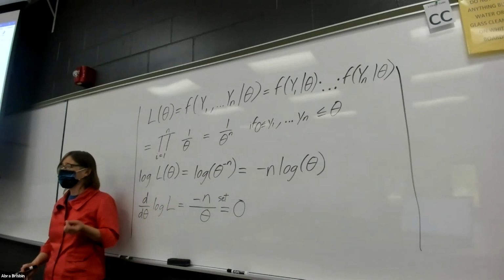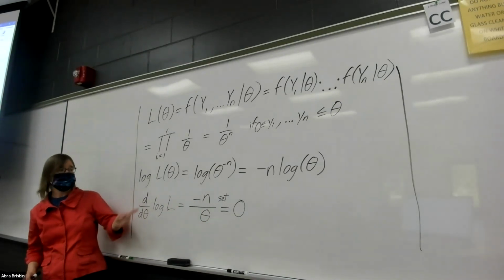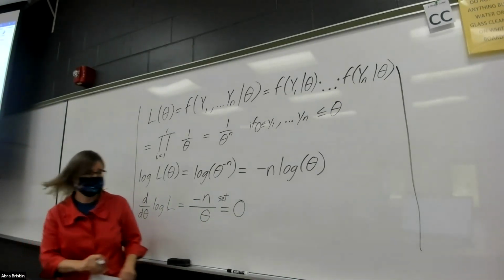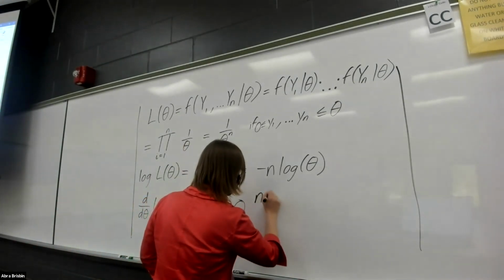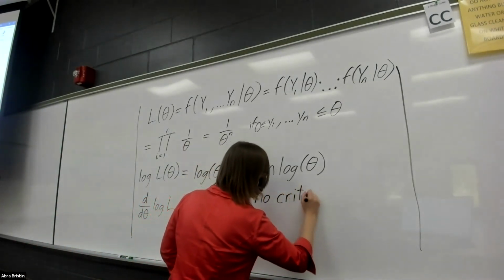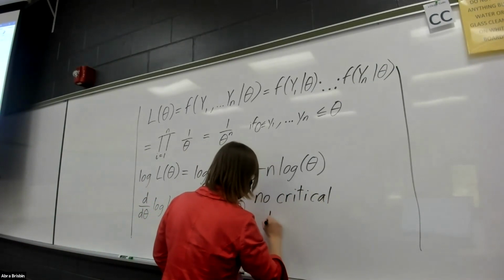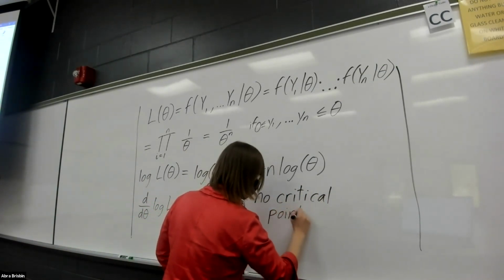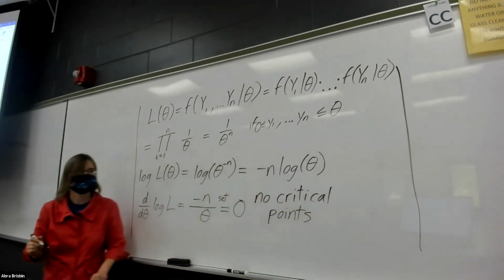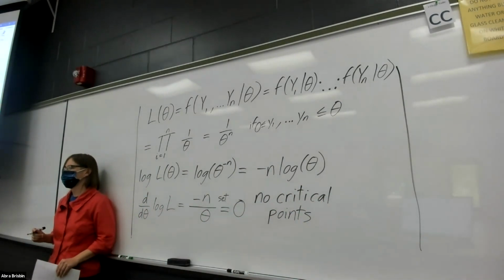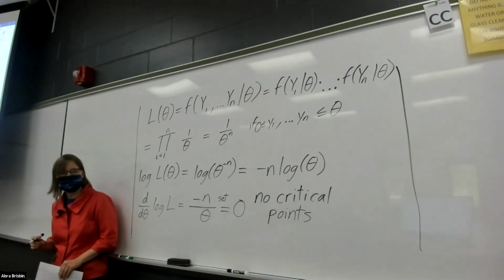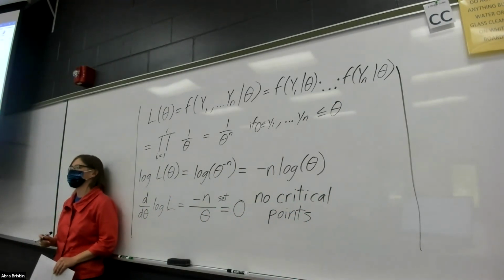So there are no critical points to this log likelihood. So if we can't find the maximum by setting the derivative equal to 0, how do we find the maximum?